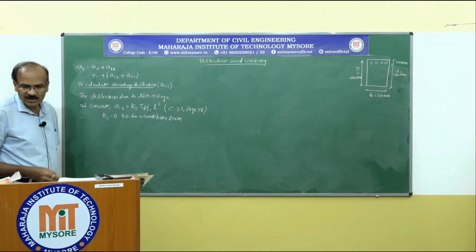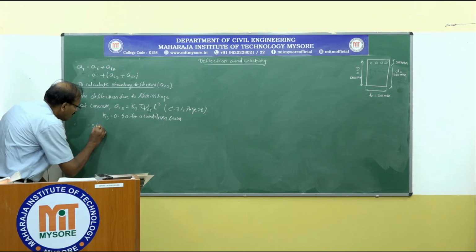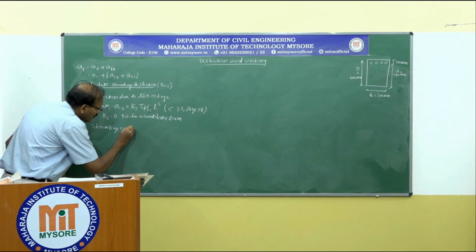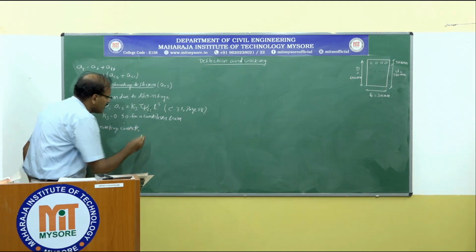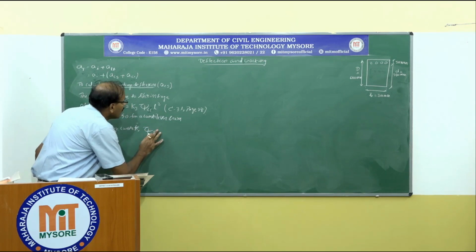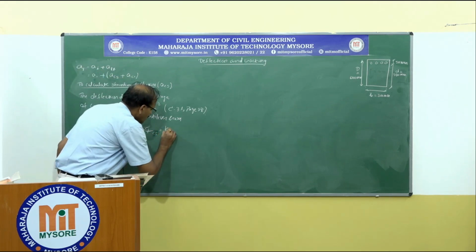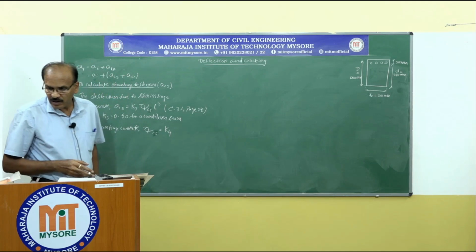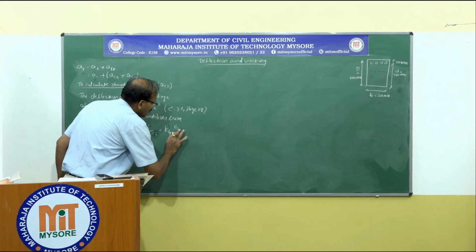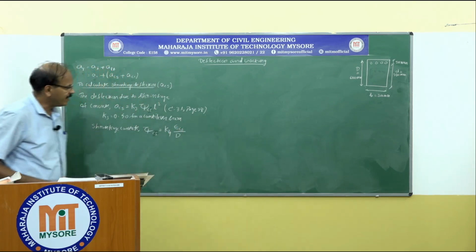Psi CS is the shrinkage curvature, that is psi CS equal to K4 into epsilon CS divided by D.